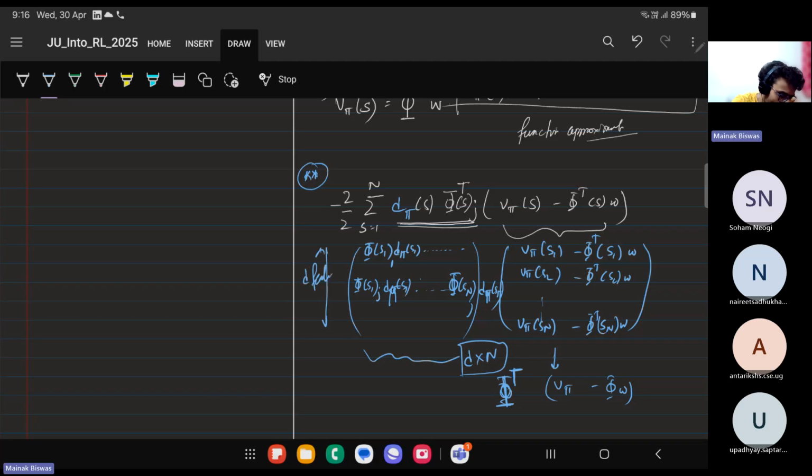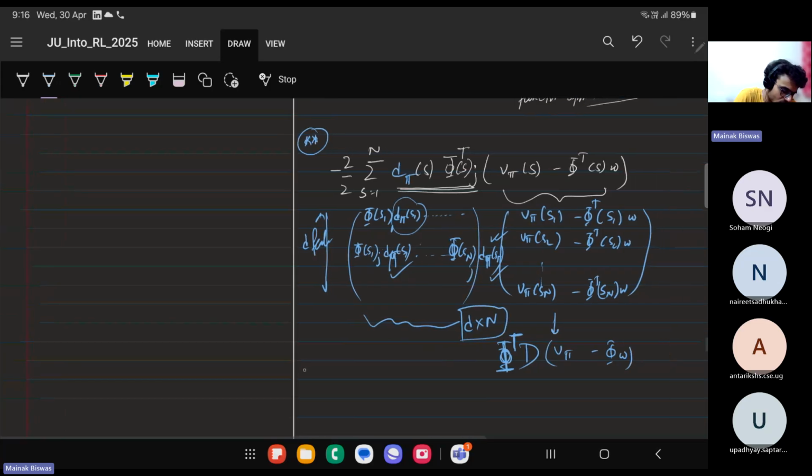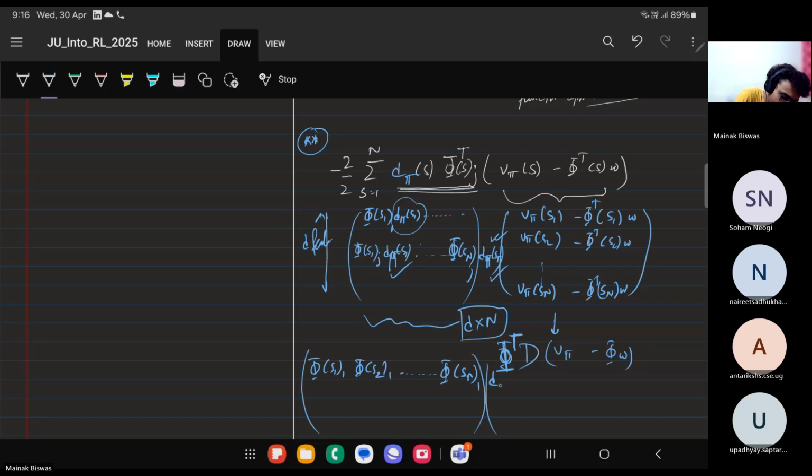So you see every row has all the d mu's. So basically all you need to do is just multiply by D, isn't it? This is just the linear combinations. So this is phi S1, phi S2, up to phi Sn, and you're multiplying this with d pi of S1, d pi of S2, up to d pi of Sn.